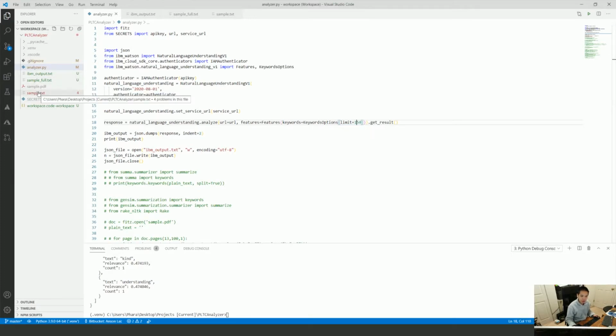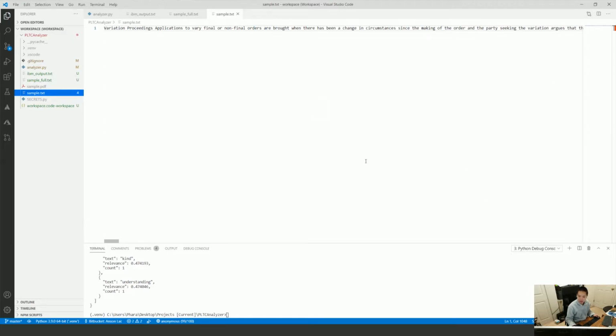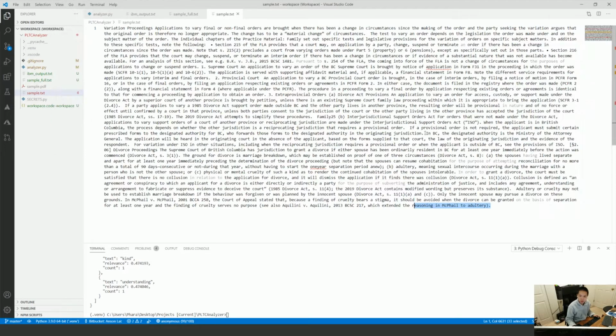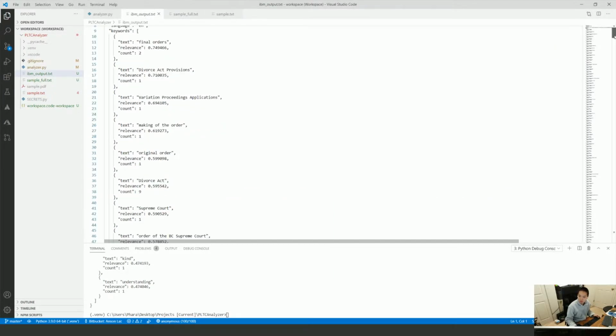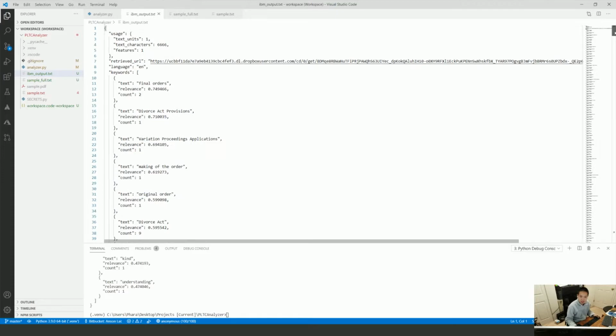So the sample text is just overall much shorter than the actual document. So, that is maybe a page or two of text. But what we received back from IBM Watson, is this.